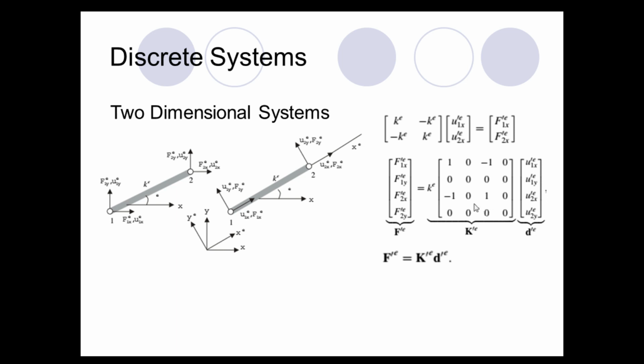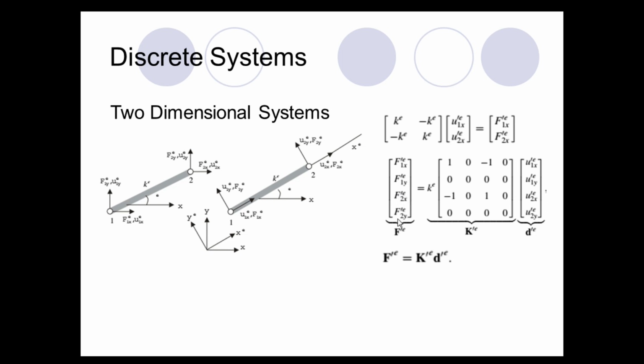Now this line, the third line, will give me the relationship between the f2x prime with the nodal displacement. Now this is minus 1 here, so k multiplied by minus 1, and then k multiplied by 1, because only u1x prime and u2x prime will contribute to the f2x prime.